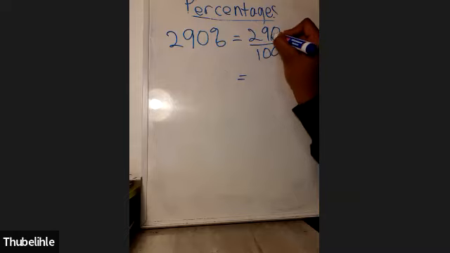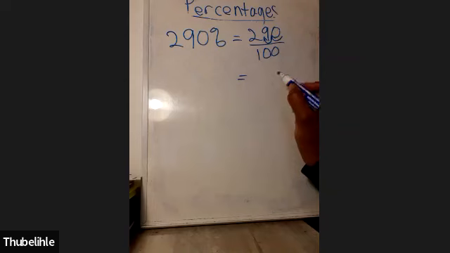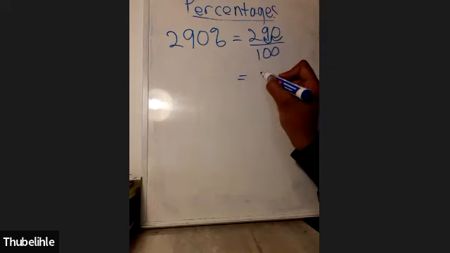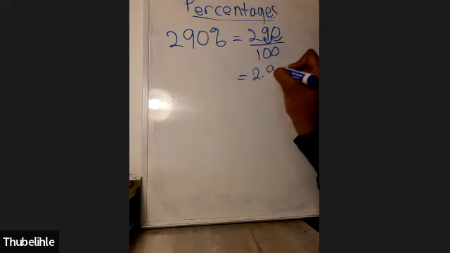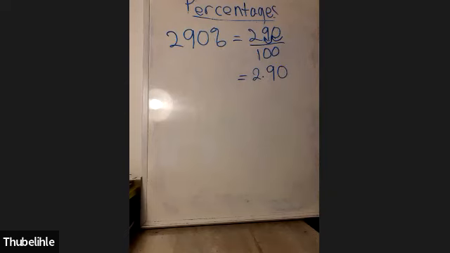So we say 290% over 100, and then we move the decimal places two times to the left, 1, 2. So what do you have? 2.9. Yes, that is correct. So you'd have 2.90 as your final answer.